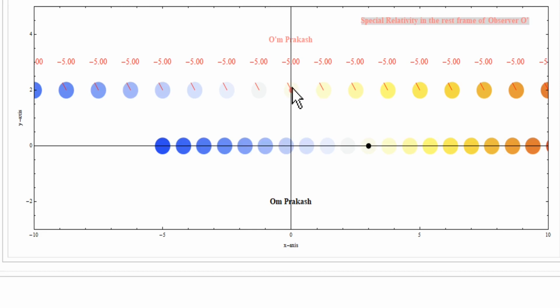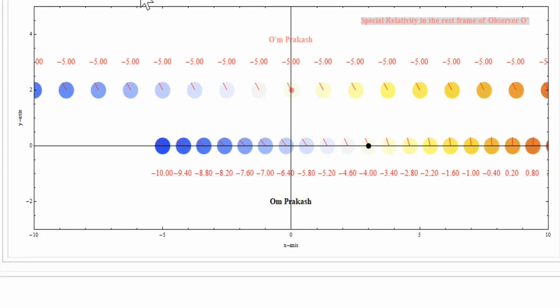So now let's look at the clocks of the ground observers. Their clocks again appear to show this asynchronization, where the clocks over here are behind and the clocks to the right are ahead.